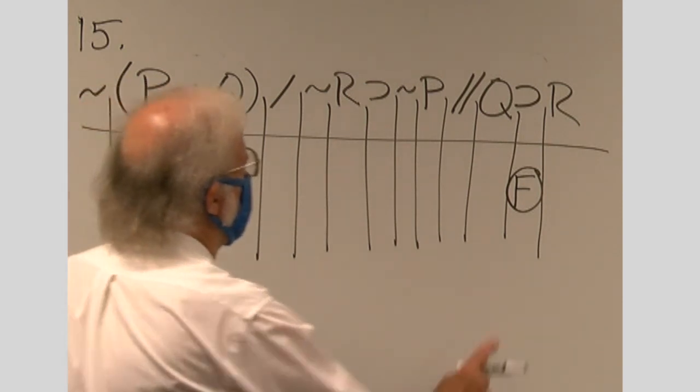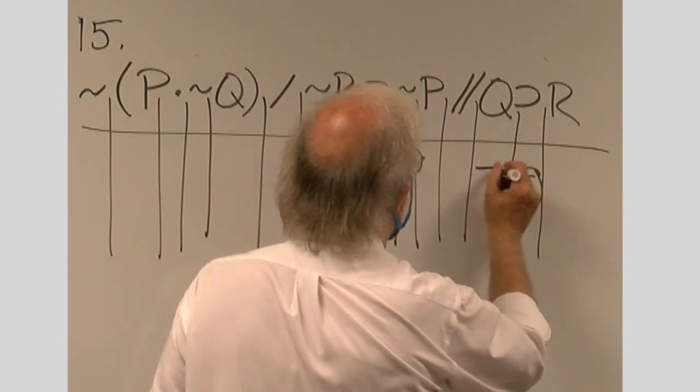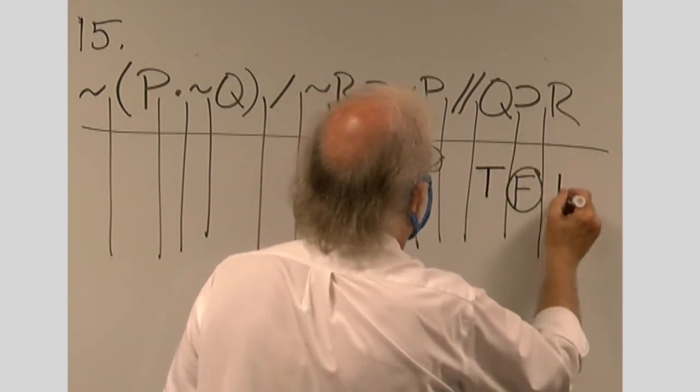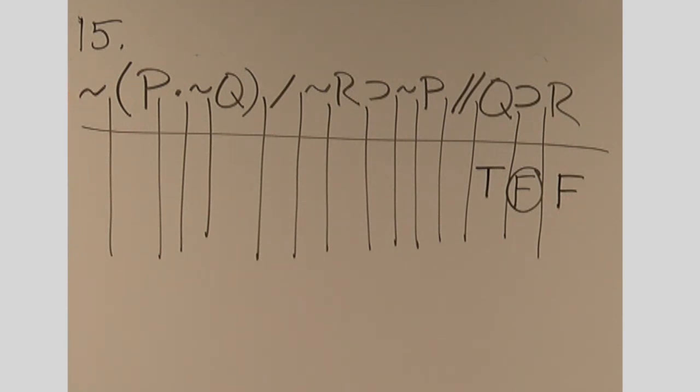How could that horseshoe be false? Well, if the Q is true and the R is false. That's the only way. But again, it's like a witness in a detective whodunit story talking a lot. He's given us a lot of information. Now, we could proceed anyway.